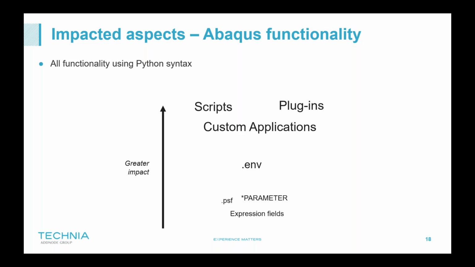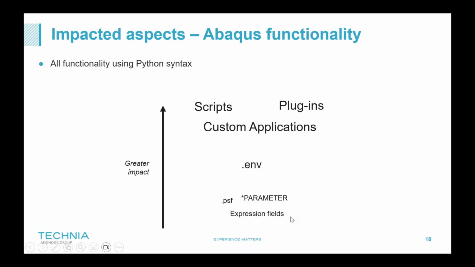So where does this change impact Abaqus? Theoretically, any functionality in Abaqus that uses Python syntax will be impacted. However, there's a scale from very small to very large impacts, and I can show on the bottom of the ladder it's things that could theoretically be impacted.